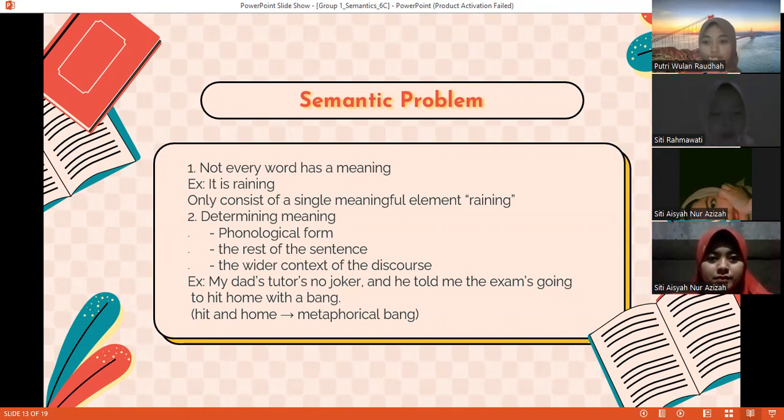Often the meaning of a set of words differs almost completely from the meaning you would expect from them individually. For example, my dad's tutor, no joker, told me the exam was going to hit home with a bang.